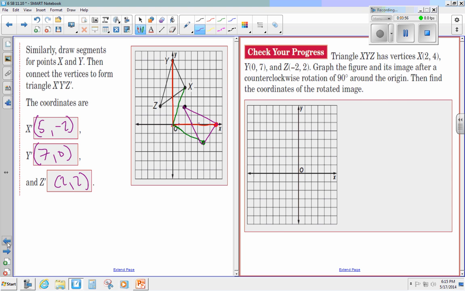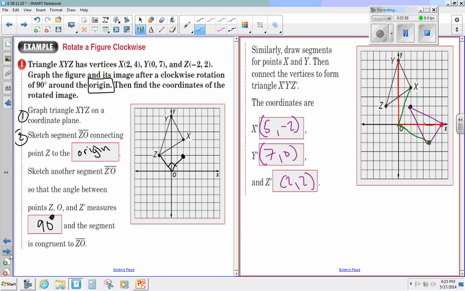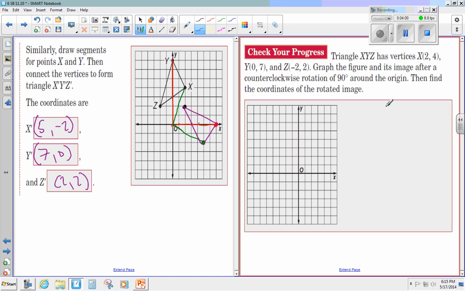So remember, step number 1, graph the original triangle. So x is at 2, 4. Let's use red. 1, 2, 1, 2, 3, 4, 2, 4. Y is at 0, 1, 2, 3, 4, 5, 6, 7. And z is -2, 2.